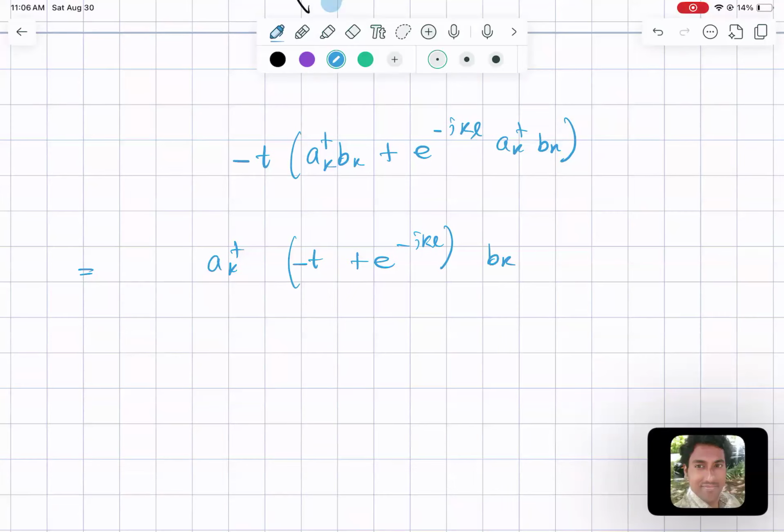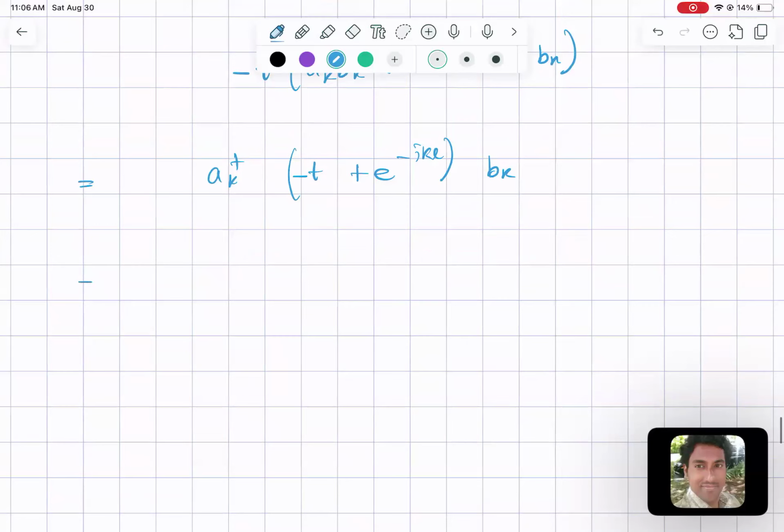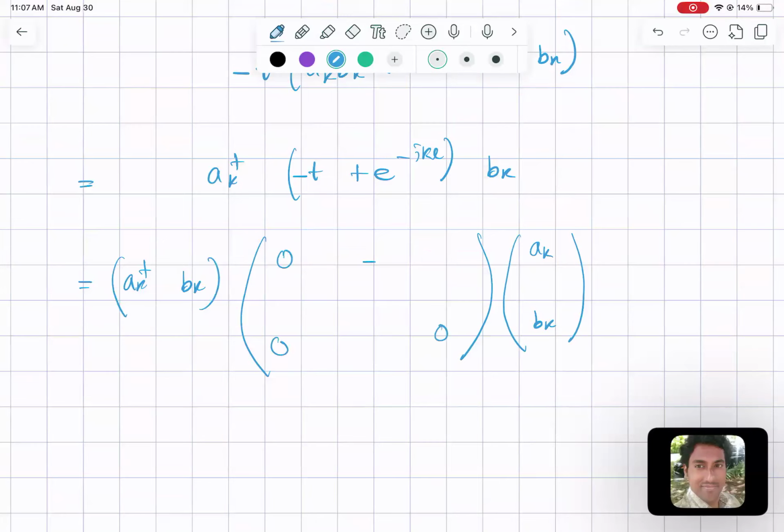Yes, we have this term, right? A dagger B_k. And if we want to write this in terms of a matrix, with A_k, B_k, A_k dagger, B_k, and 0, 0, 0, just minus t times 1 plus e to the power minus i k l.